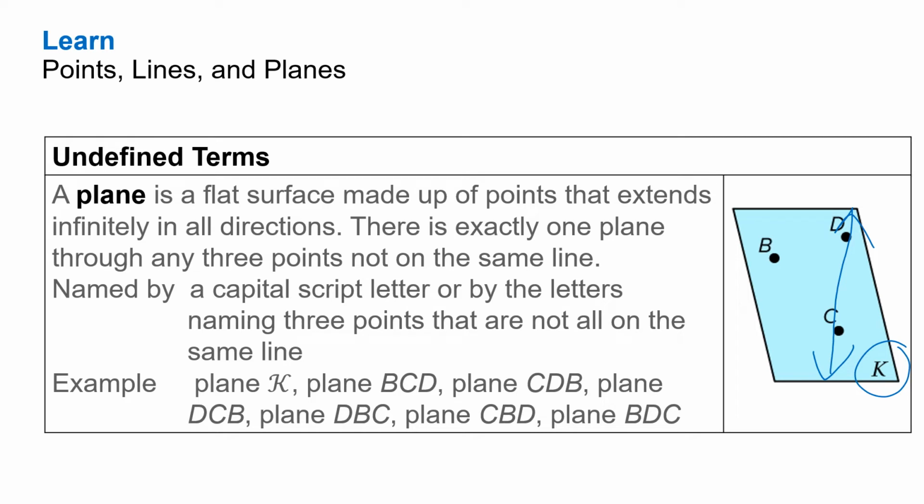However, if I added a point on this line and named it E, then I would not be able to name this plane D, E, C. That would not be a correct name because points D, E, and C are on the same line.